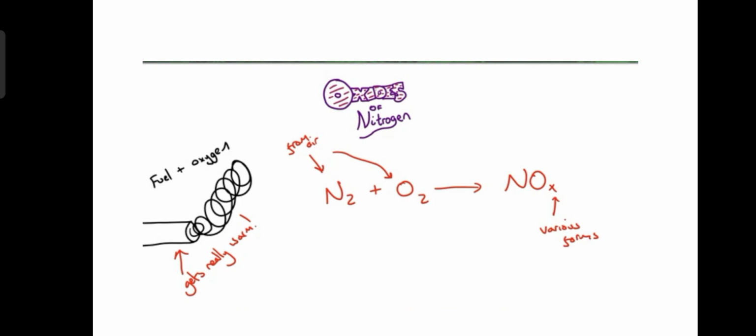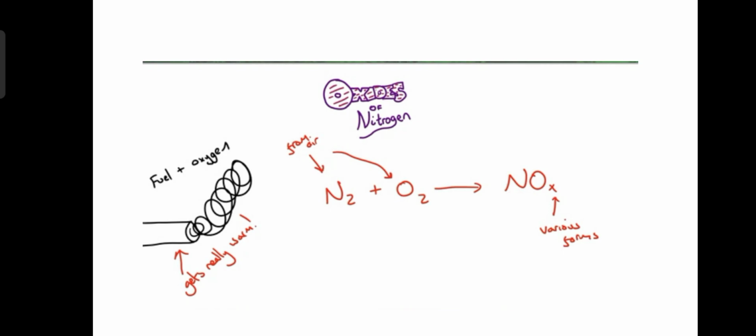The percentage of nitrogen in air is 78%, and that of oxygen is 21%. So when the exhaust gets warm, the nitrogen and oxygen in the air react to form oxides of nitrogen.